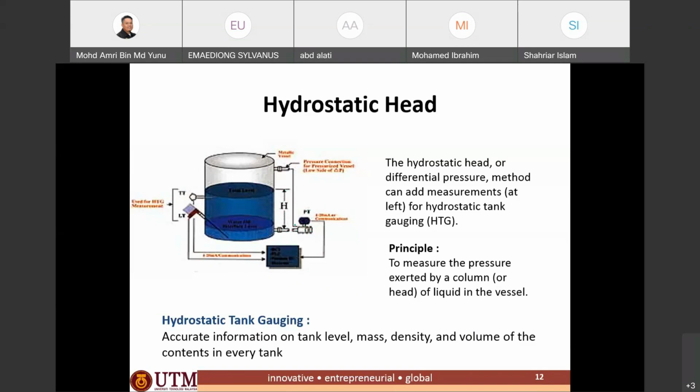It will basically compare the pressure on the lowest part of the tank with the pressure at the top or the open point of the tank.